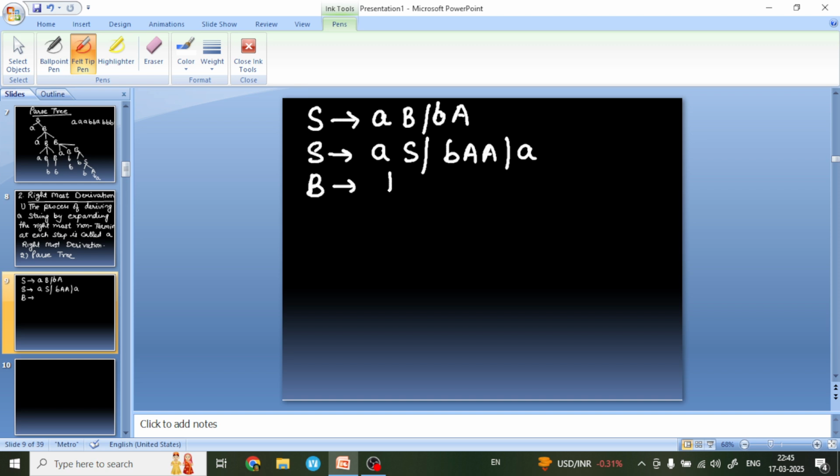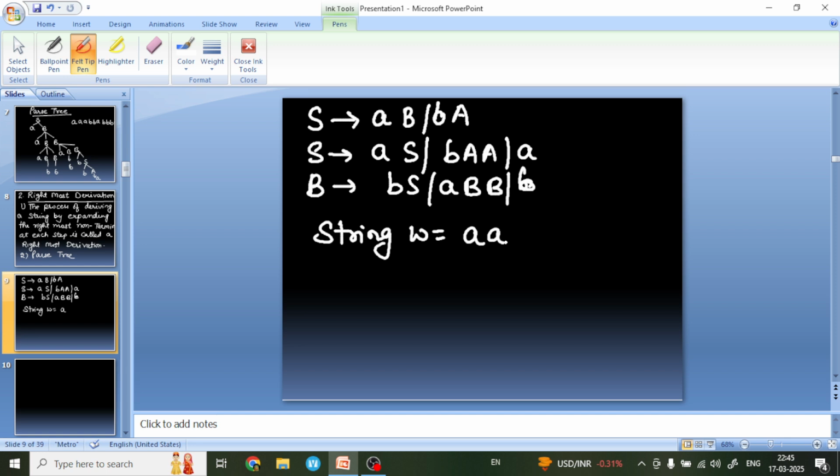B implies b S, a B B and b. This is an unambiguous grammar, and we have to find this string: triple a, double b a, triple b a.